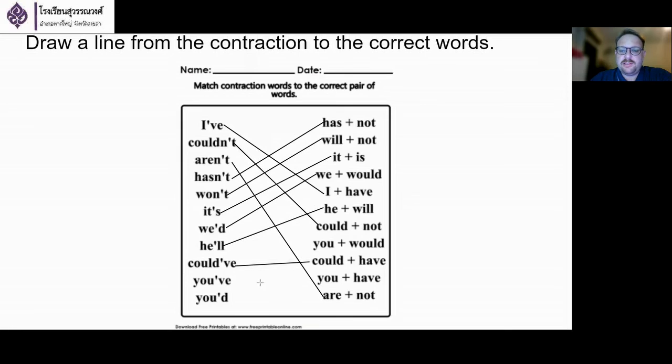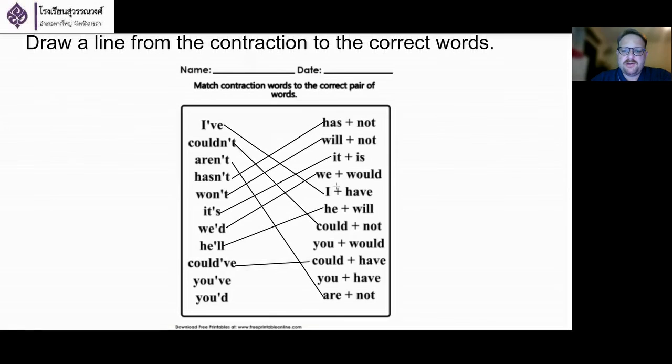You've, another have contraction. Have, take out the H and the A, and you're left with VE. So that apostrophe is not just representing 1 letter, but 2. So that means it's taking the place of 2 letters.